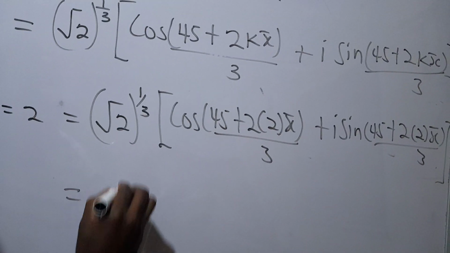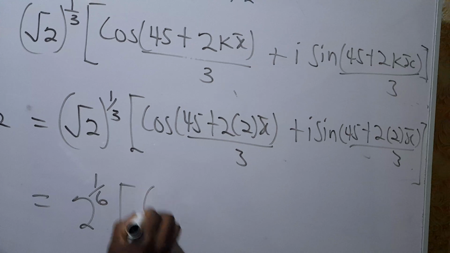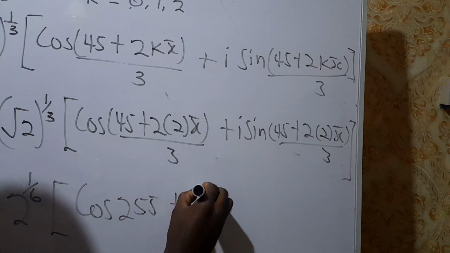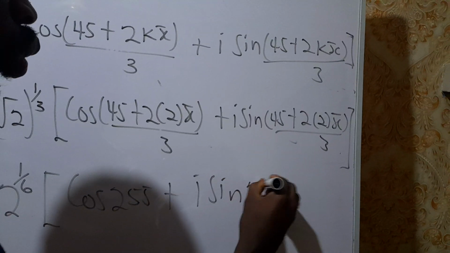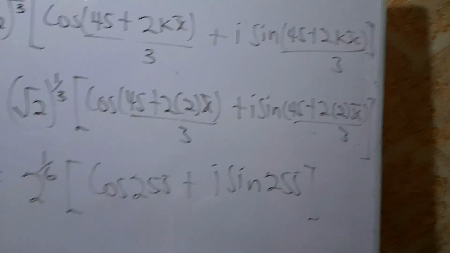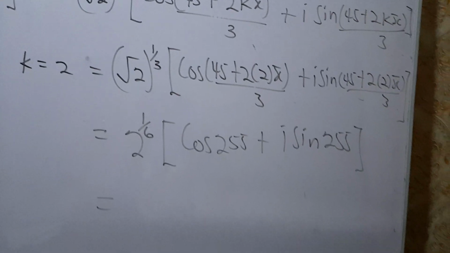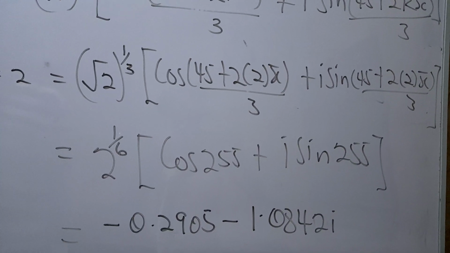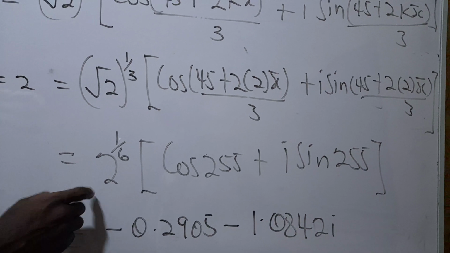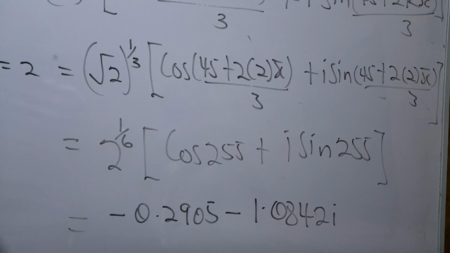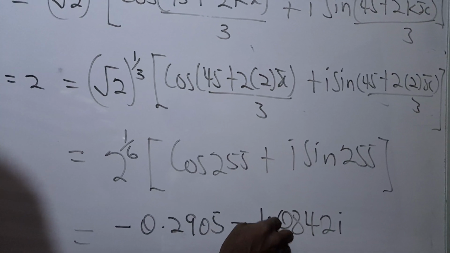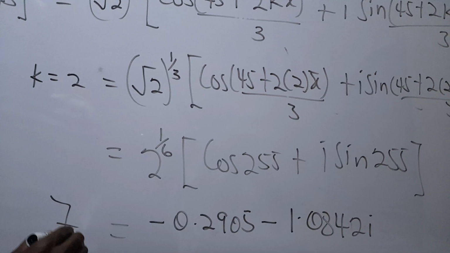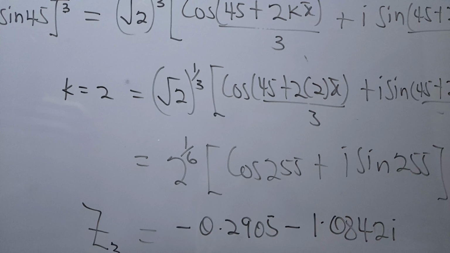So we'll get 2 exponent 1/6 bracket cos, when we do this very well, we'll get 255 plus I sine 255. So I'll punch this in the calculator. That's 2 exponent 1/6 times cos 255. We'll get negative 0.2905. And 2 exponent 1/6 times sine 255 times the I, we'll get negative 1.0842 I. So we can say this is our third root, Z3. So we know the 3 roots.